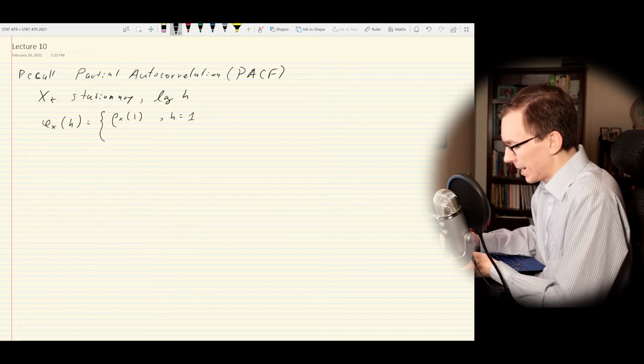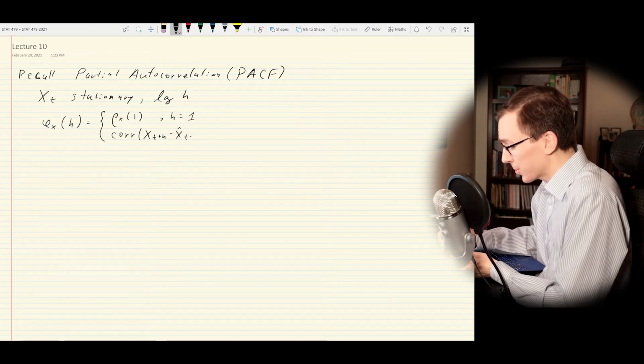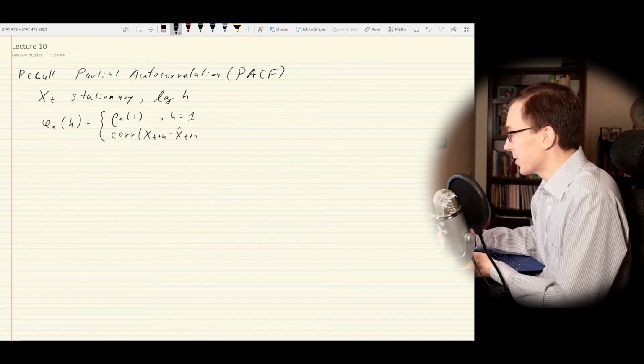And if it's not at lag 1, then we compute the partial correlation between X_{t+h} and X_t.